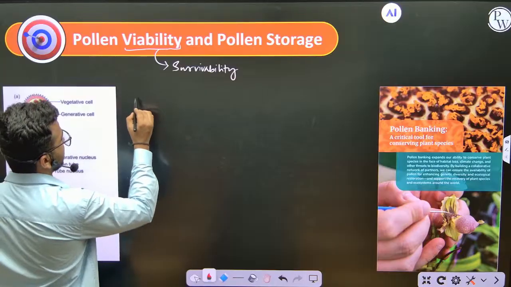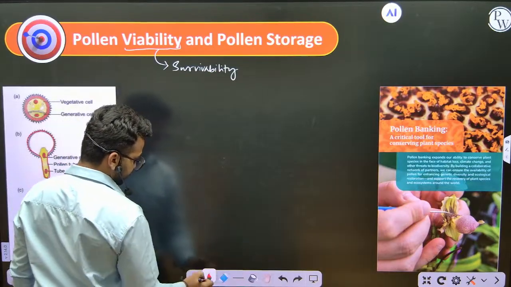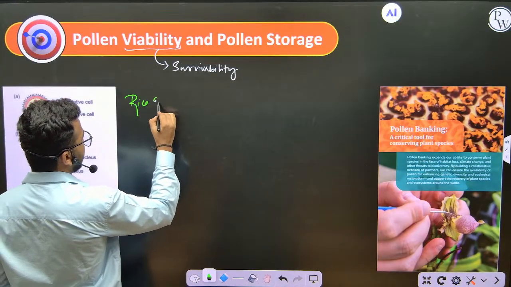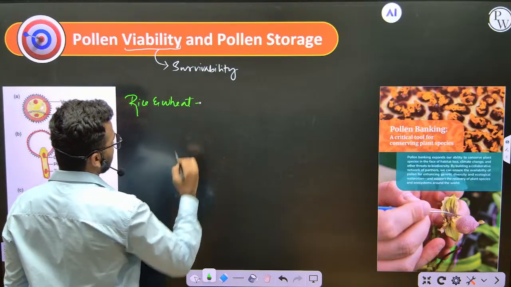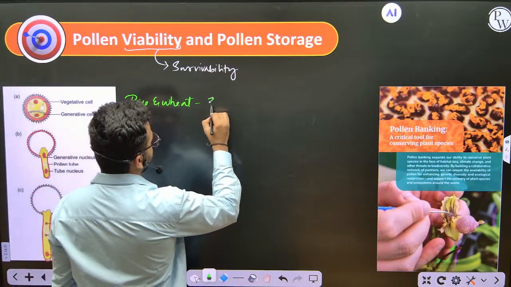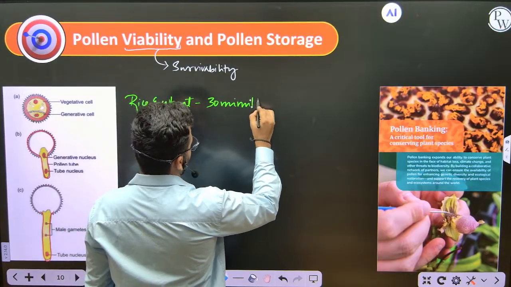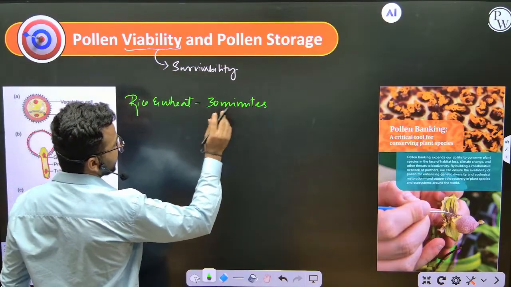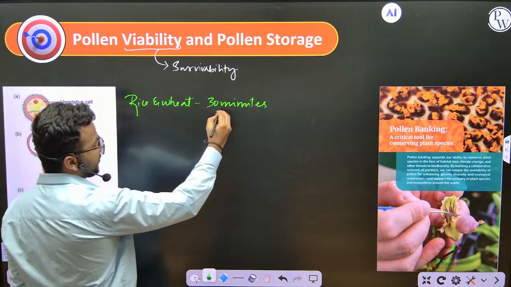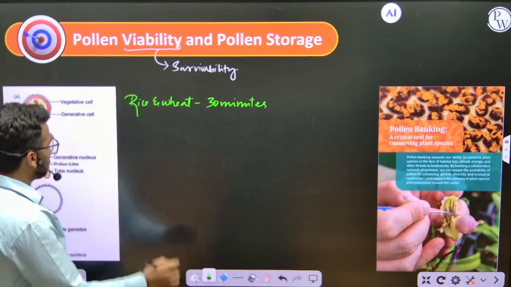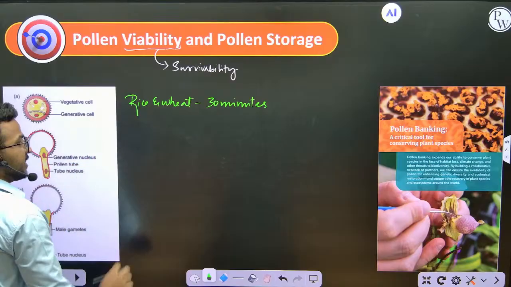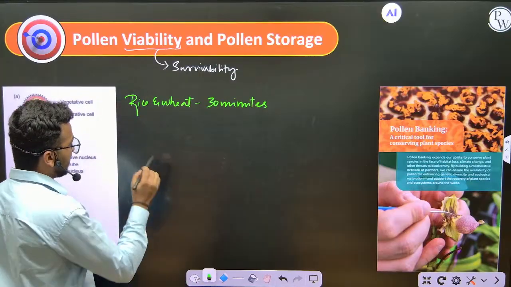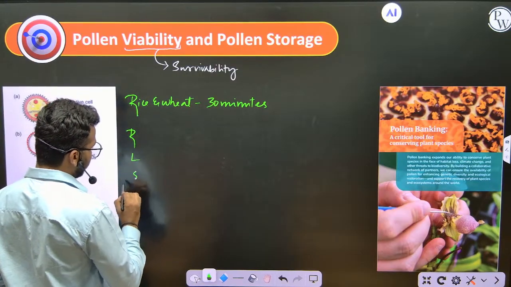In the case of rice and wheat, the pollen viability lasts around 30 minutes. The pollen grain survives only 30 minutes, after that the pollen germination takes place. But in some families, you need to remember RLS.